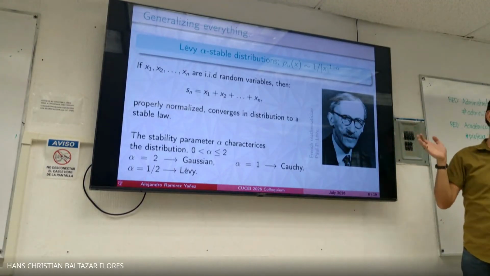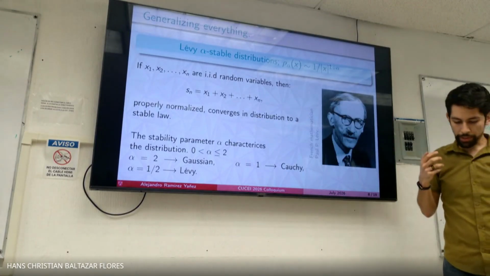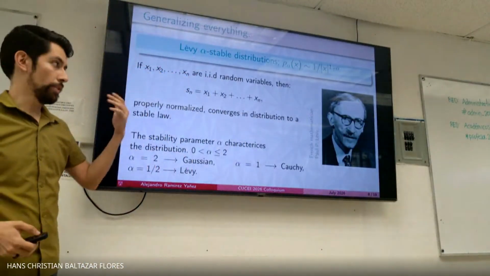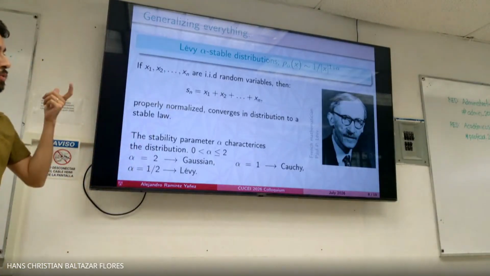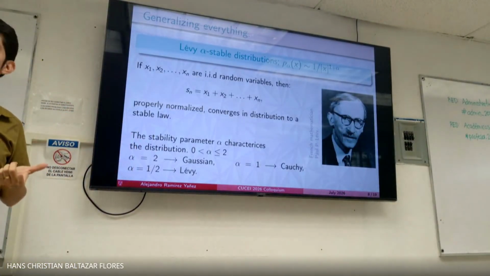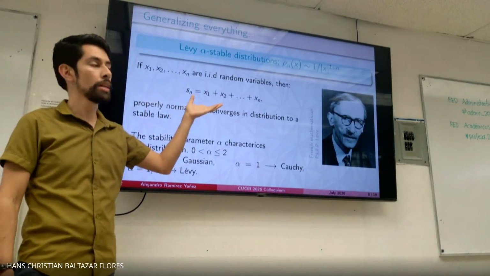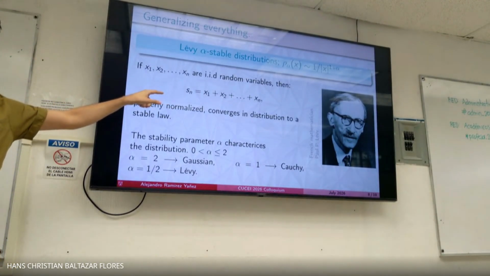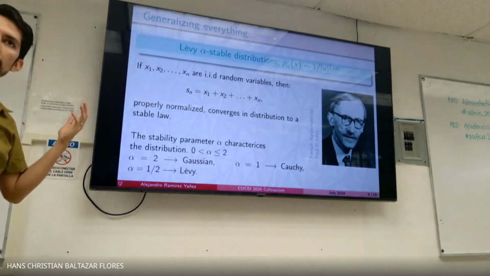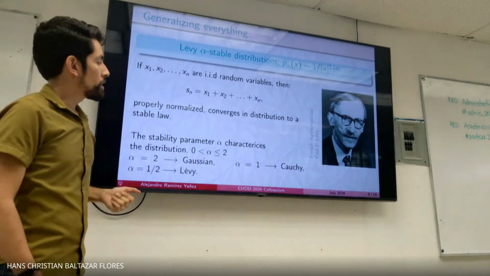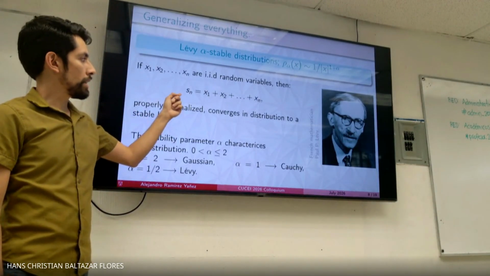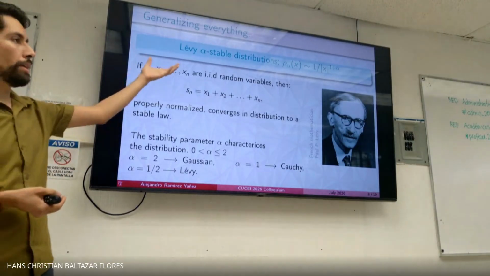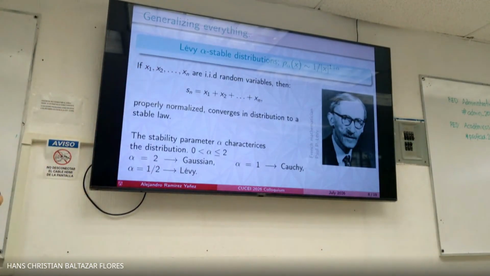Paul Levy showed that whenever you have independently distributed variables, just as before, these x, and if those variables don't have finite variance, if you take the sum of those variables, you will find that this sum converges to some distribution. But of course, it will not converge to the Gaussian distribution because the variance is not finite. But Levy showed that the distribution of this sum is one of a family of distributions called Levy alpha-stable distributions.